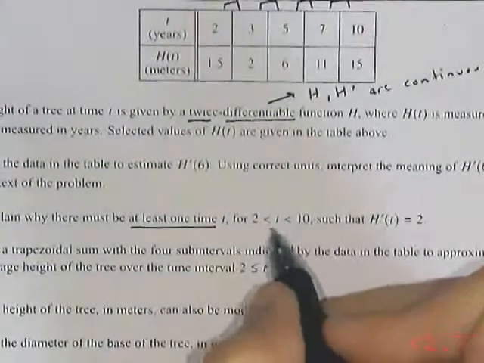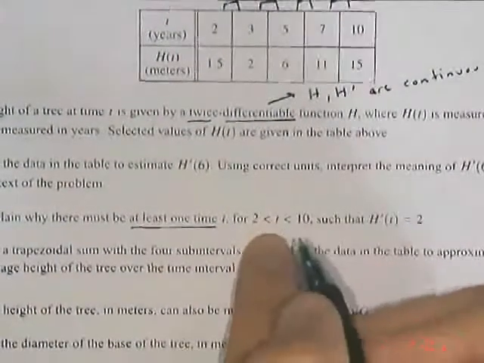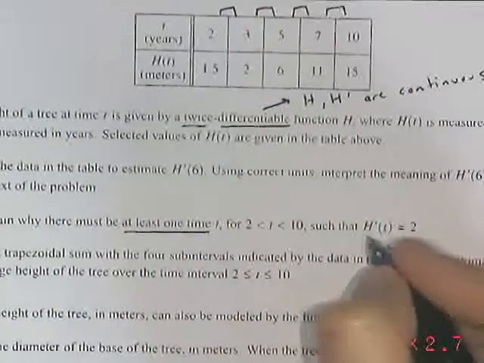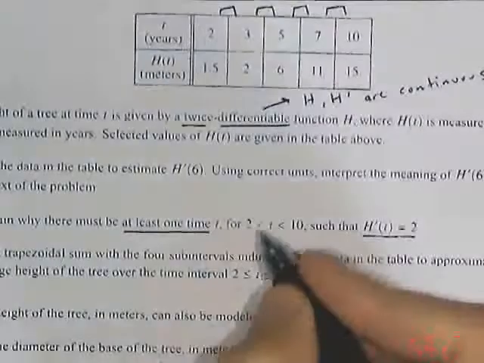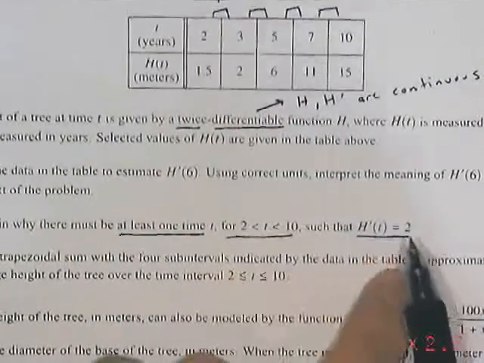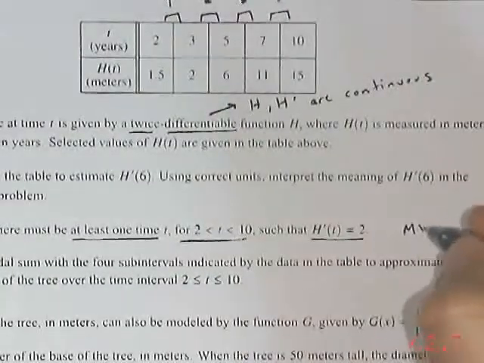Usually we want a closed interval, so that's a little bit concerning, but we'll see why in a second that's okay. And then we see a derivative. So these three things: at least one time, usually looking for a closed interval, this an open interval, still an interval, and a derivative. Those three things add up to the mean value theorem.